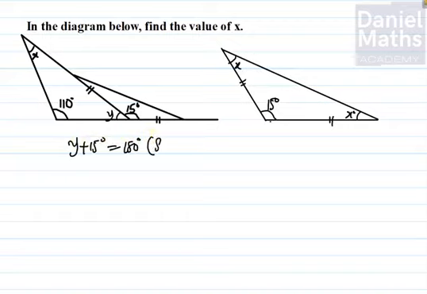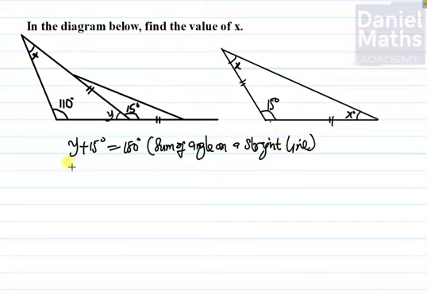So the rule is that the sum of angles on a straight line is 180. If y plus 15 equals 180 degrees, then y should be 180 minus 15 degrees. So y is equal to 165 degrees.